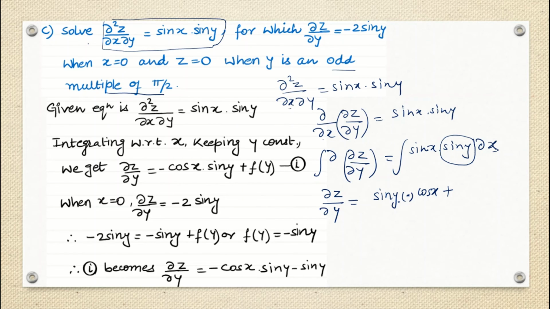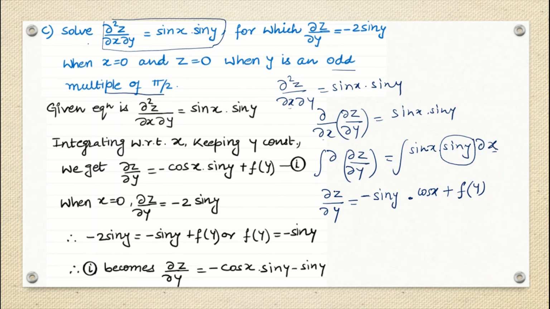Since I am partially integrating with respect to x, I have to write the arbitrary function with respect to y, that means plus f(y). So here ∂z/∂y is minus sin y cos x plus f(y).